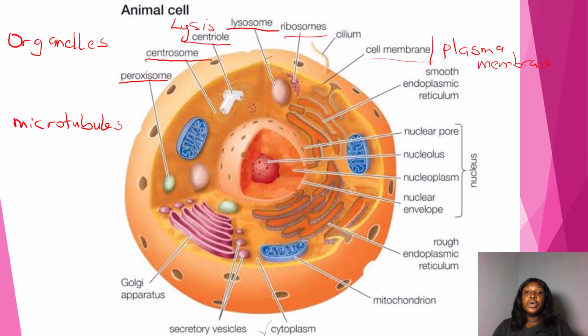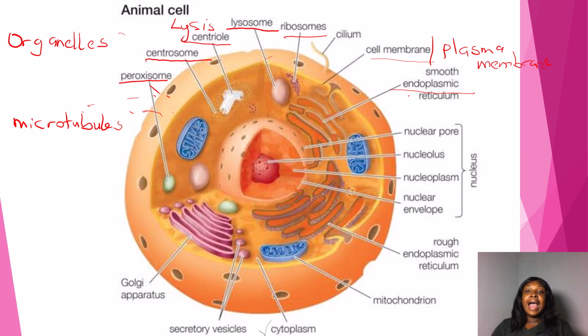The next one we're to look at is the endoplasmic reticulum. Endoplasmic reticulum, generally its function is in protein and lipid synthesis. It is a site that regulates protein and lipid synthesis.